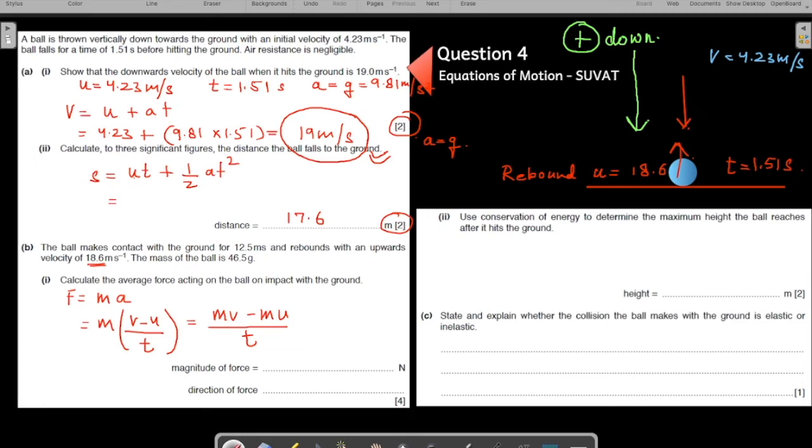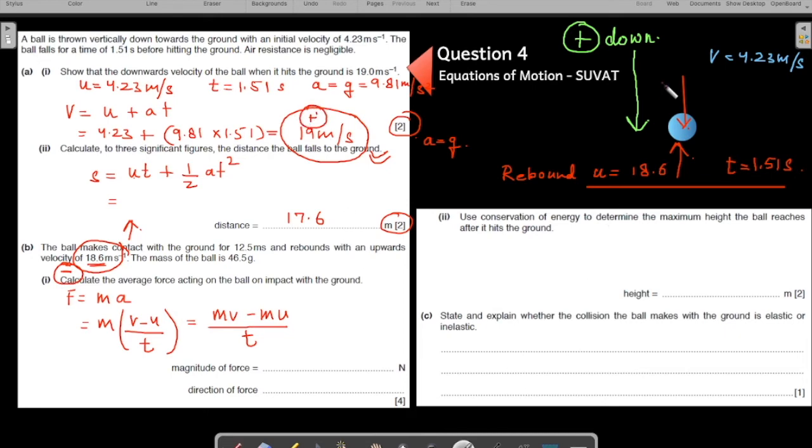And when it is rebounding and going up, the upward velocity of 18.6 is a negative velocity, because this is an upward going velocity. So we'll be taking it as a negative sign and this as a positive sign. Why?